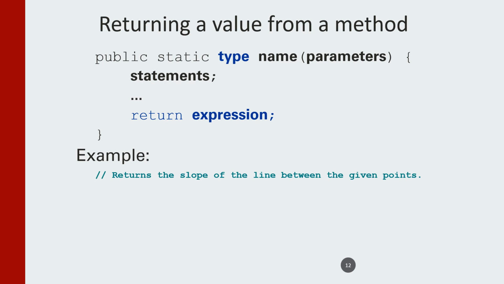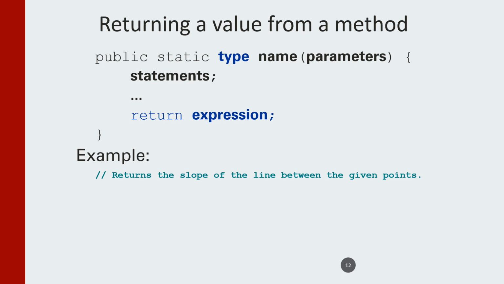The example that I want to talk about is returning the slope of the line between 2 given points. Whenever you want, take a moment to try this out yourself, but let's work through it by hand. How would you normally take the slope between 2 points?